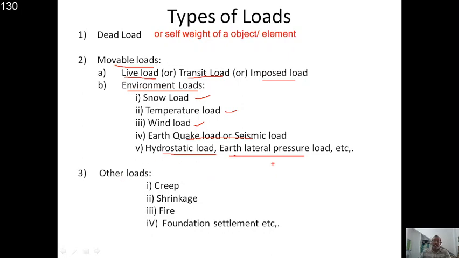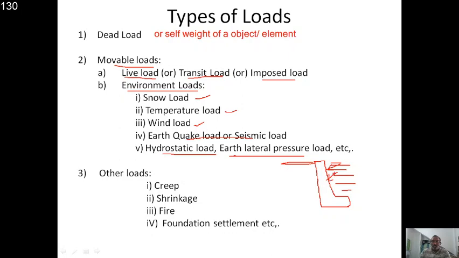Similarly, if you are retaining earth with some structure, then you have to take the earth pressure also. Sometimes what happens, we provide an RCC structure like this, and behind it we are going to form a road. So here some soil is there which is trying to act on the retaining wall.